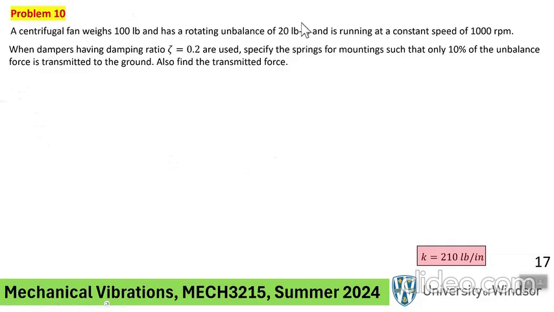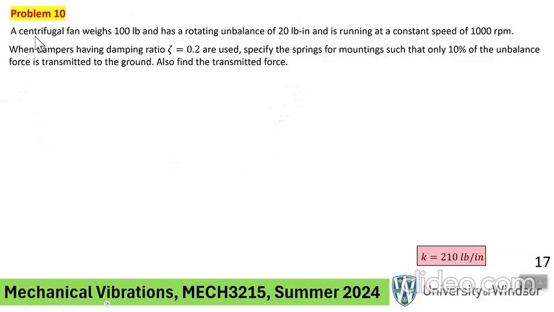Now remember, rotating unbalance is m naught times E times G. Just keep that in mind. M naught E G. So m naught, mass of the unbalance, times E, the eccentricity, and times G, which is gravity constant. But anyway, all I'm saying is that what you see here is m naught E G. Okay, and it's running at a constant speed.